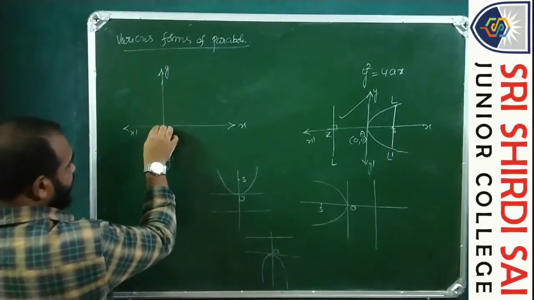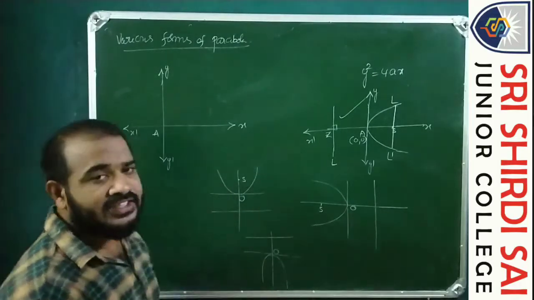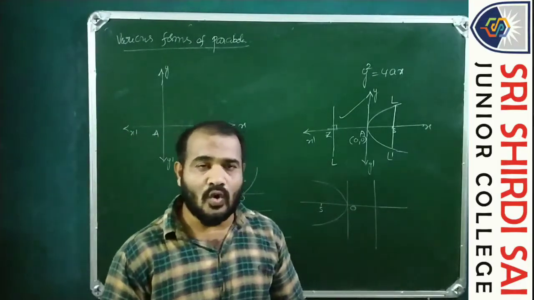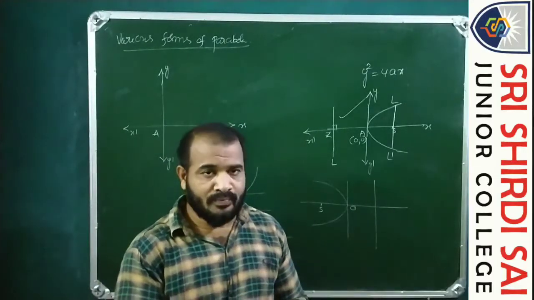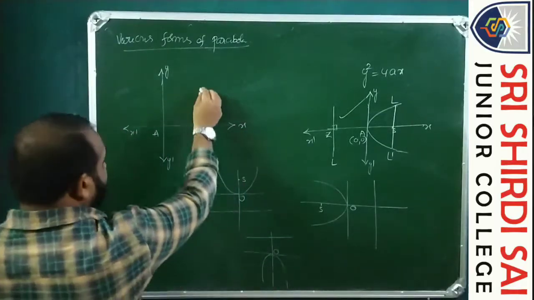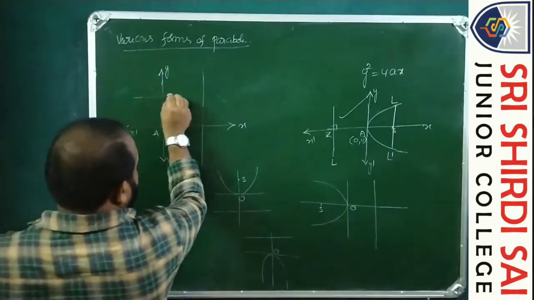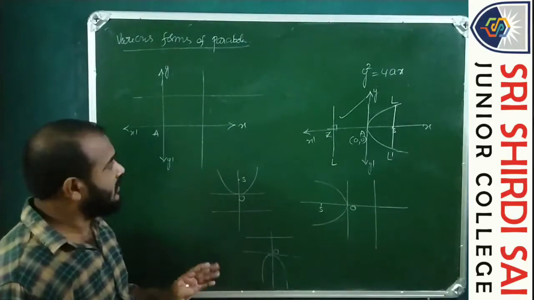So the vertex is at the origin A here. Now, without changing the actual direction of the coordinate axis, if the origin is shifted to some other place, for example here, I did not change the actual direction of the coordinate axis.